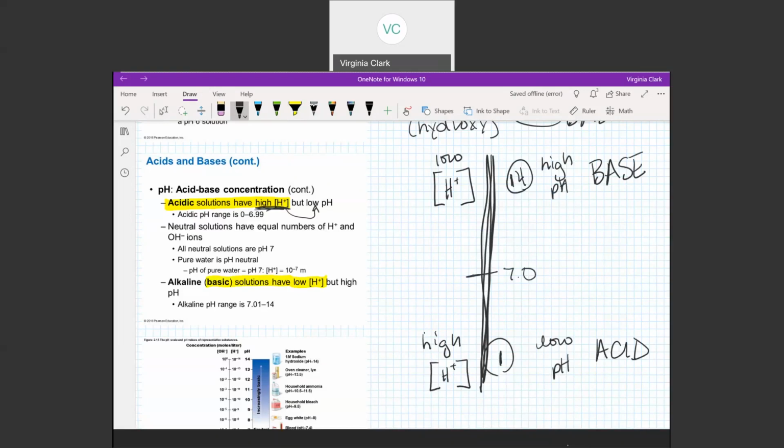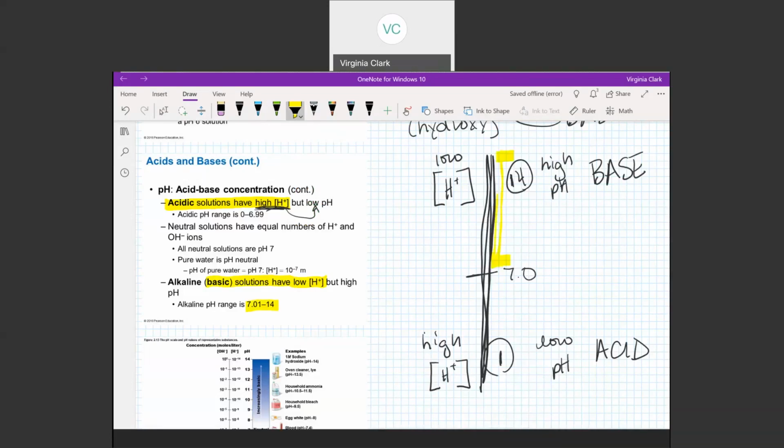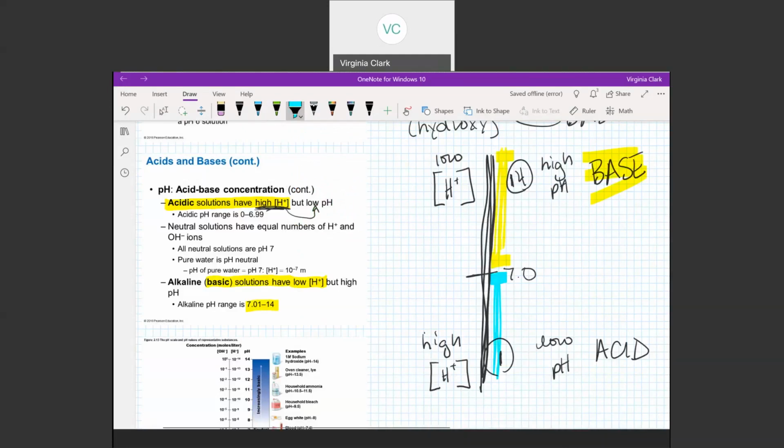So what this is saying is that something that is basic is going to have a pH of 7.01 to 14. So anything that is basic is going to be on this side of the scale. Whereas anything that is not basic but considered acidic will be on this side of the scale, and this will be an acid.